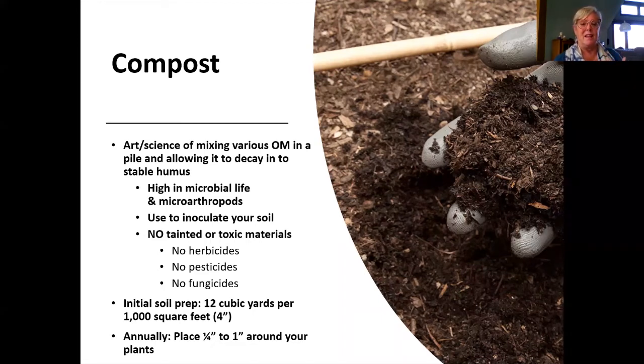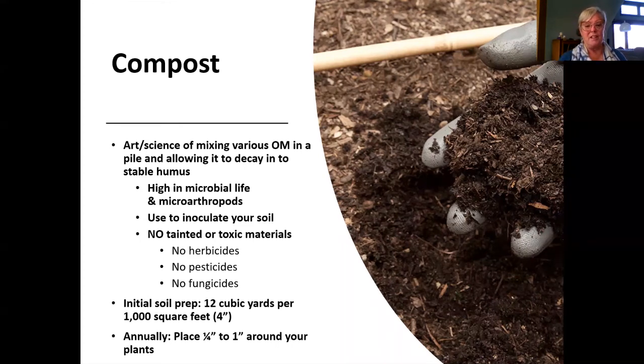And compost is really high in microbial life and all the microarthropods already. If you get a good, balanced or well-made homemade compost, you can use it to inoculate your soil, but also to get that initial boost. If you haven't already landscaped and are starting a new garden, really giving it a huge shot of organic matter will be one way to get that off the ground and establish a good, healthy system.